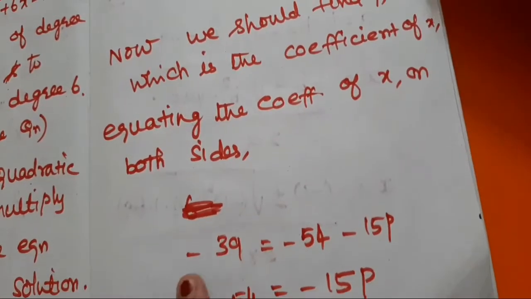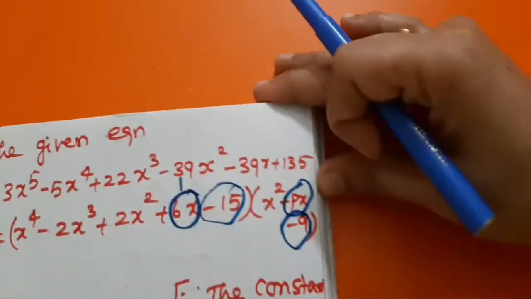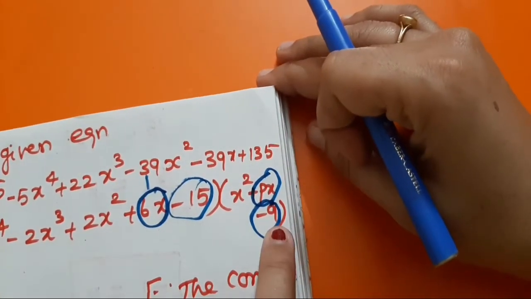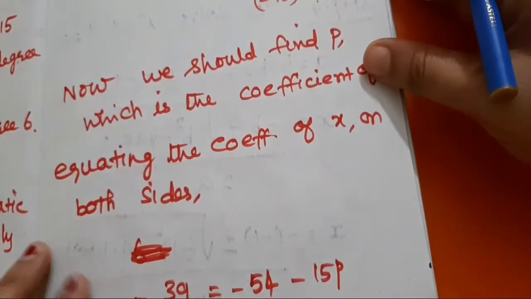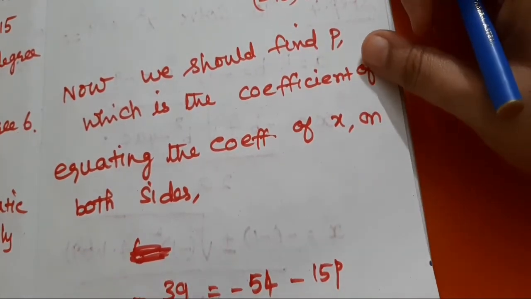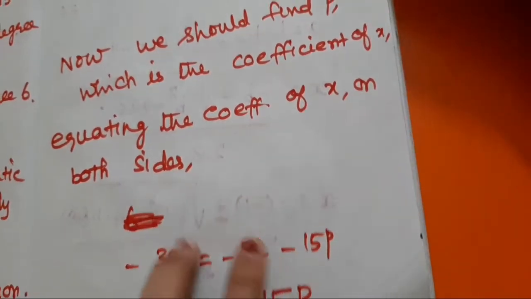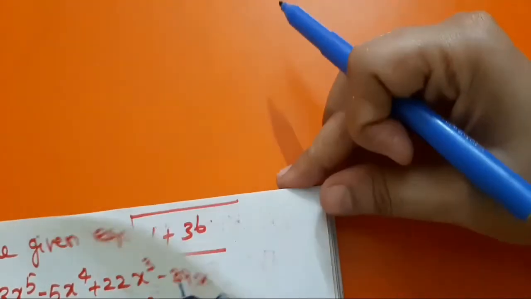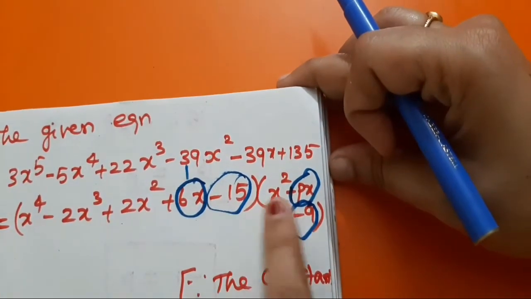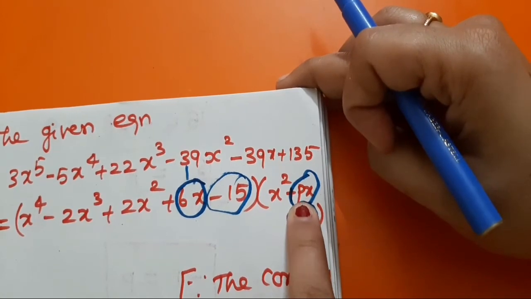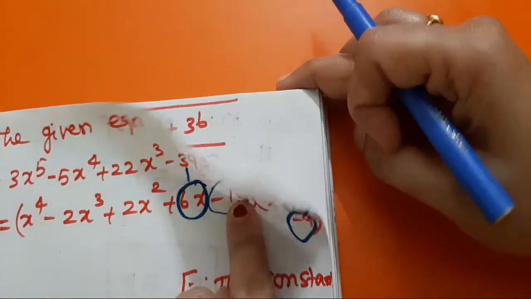So now in the left hand side I have minus 39. Here 6 9s are 54, so minus 54, and then minus 15 into plus px, that is nothing but the coefficient of x alone we are taking. So minus 15p.